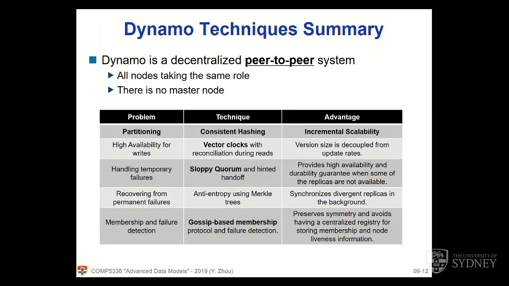That's very different from what we've seen so far. In most of the systems we've seen so far, there's something like a master, or at least something that has overall knowledge of the whole system and is responsible for managing the metadata or other things. But nearly all of Amazon's systems are designed following this peer-to-peer architecture.